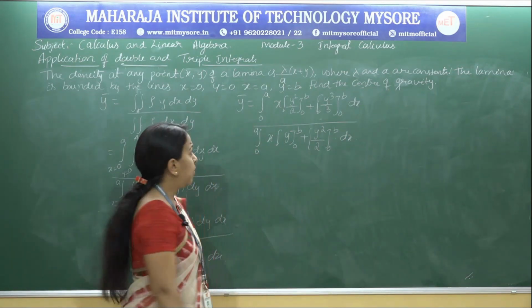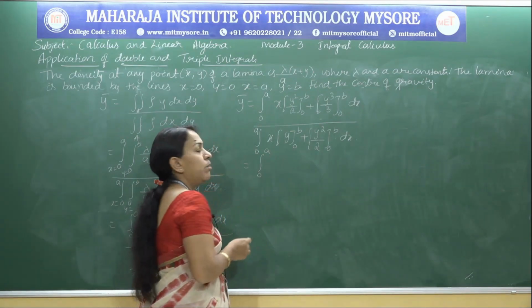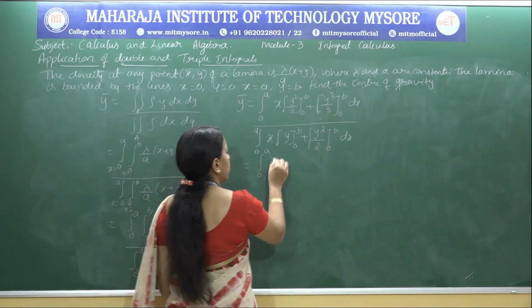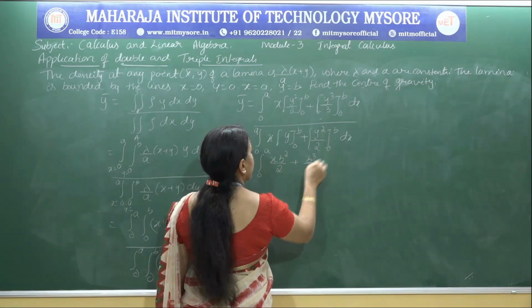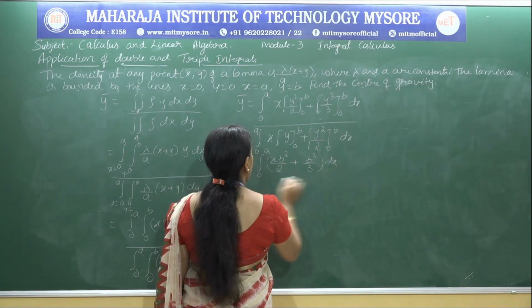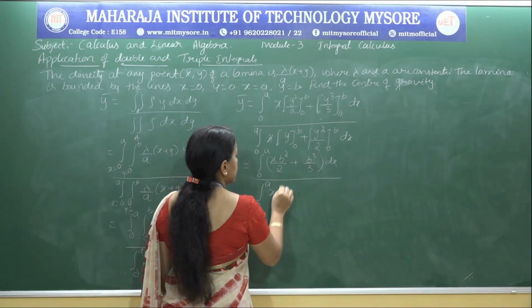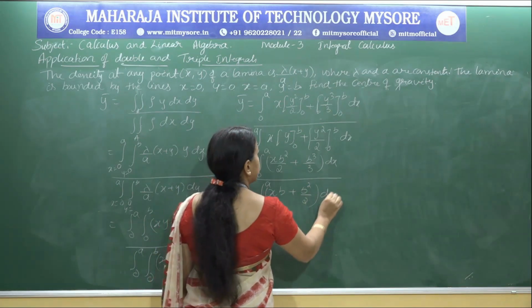Now apply the limit and simplify, that is integral 0 to a, if I apply the limit again we have x b square by 2, so the lower limit is 0, plus b cube by 3 dx, that is the numerator, whole divided by integral 0 to a of xb plus b square by 2 dx.